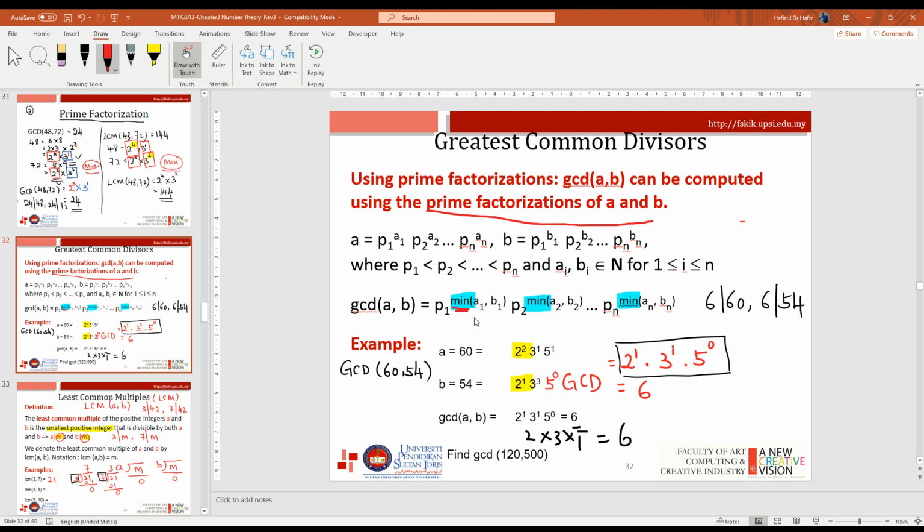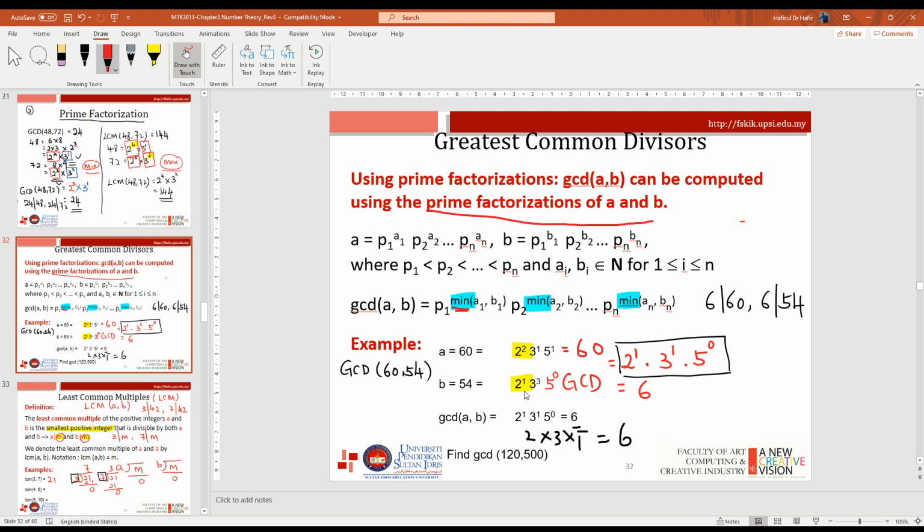For the least common multiple, it is the maximum. Okay, 2 power of 2, 3 power of 1, 5 power of 1 is equivalent to 60. And 54, 2 power of 1, 3 power of 3, 5 power of 0. For the GCD, equivalent to 6.